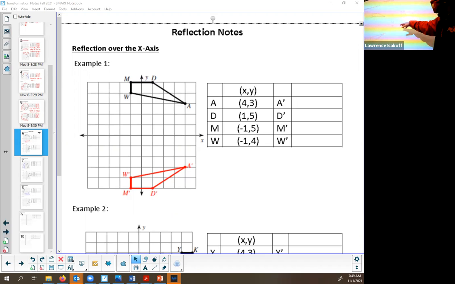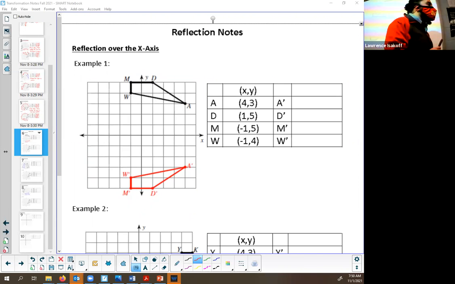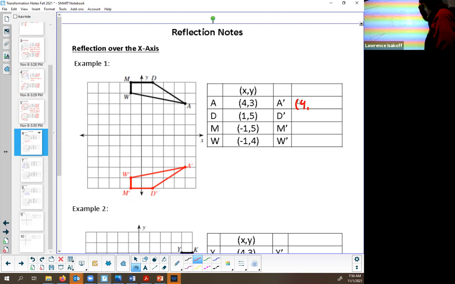So here with this, we have these points here. I'm just gonna look at my A prime, D prime, and all that, and see if we can figure out what happens here for this rule. So A prime, that was a 4, -3.